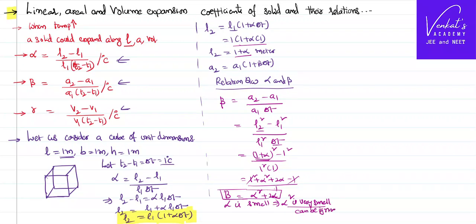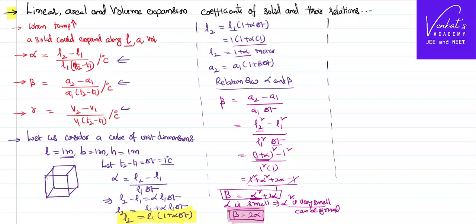If that is ignored, I get beta as 2 alpha itself. So beta is equal to 2 alpha. The meaning of beta equal to 2 alpha is that expansion along the area is double the expansion along the length.